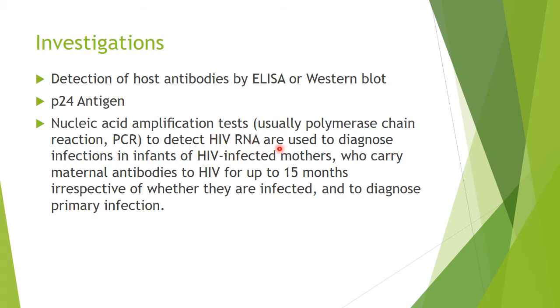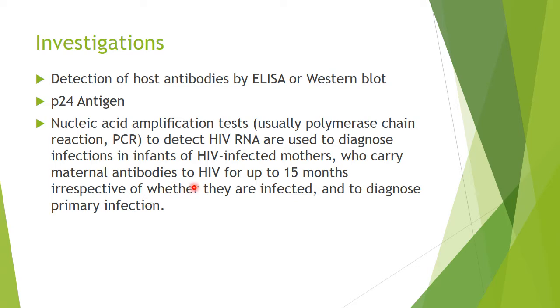And this HIV RNA test is used primarily to diagnose infection in infants of HIV infected mothers, because these infants will have maternal antibodies. So ELISA and Western blot is positive in every infant born to HIV infected mothers, but the NAAT or PCR may be negative, and this can determine primary infection.